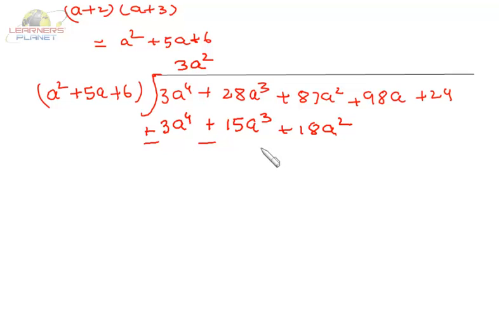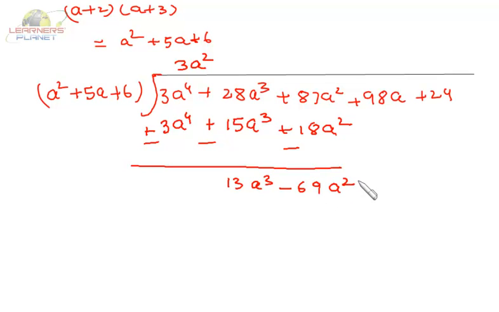Now let's deduct it. So 28 minus 15 is 13a^3. Then it is 87 minus 18, which is 69a^2. Now let's take the next term.